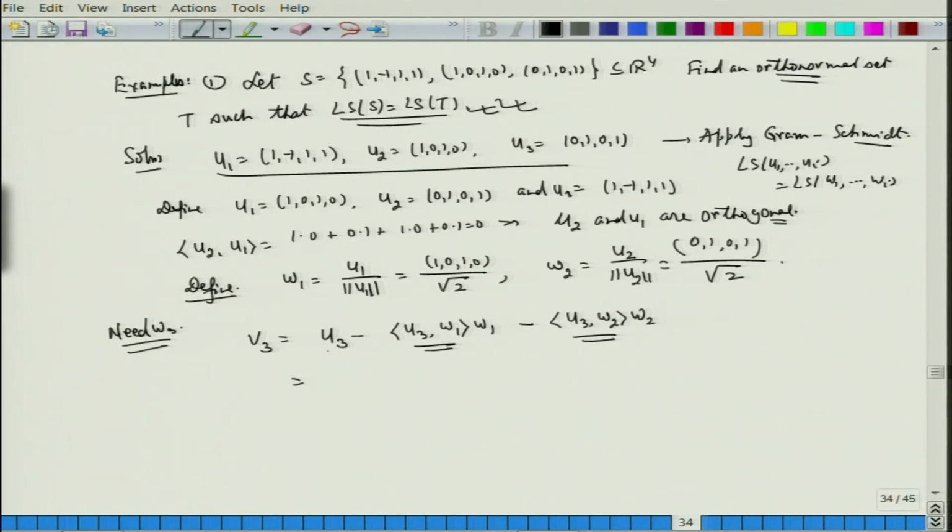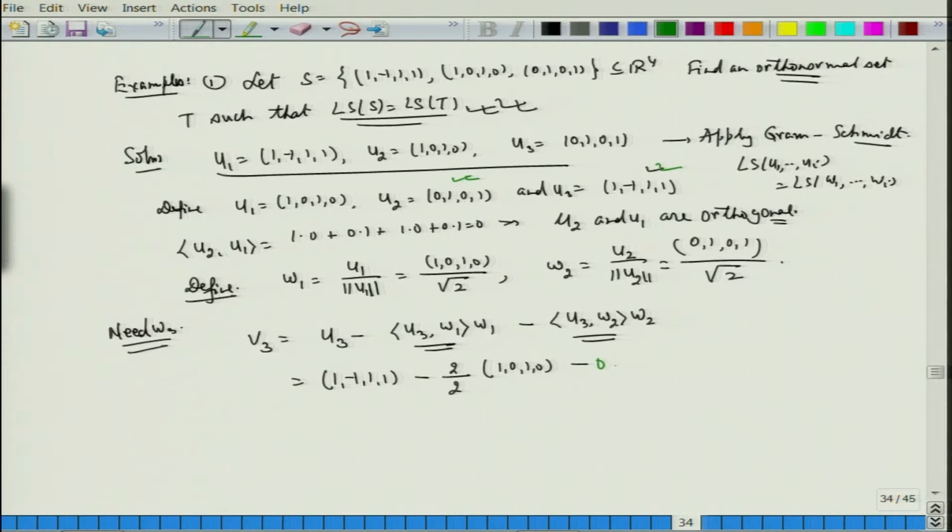Alright. So U3 is given to be 1 minus 1 1 1, minus, you have to take the dot product of U3 with W1, so it is 1 plus 1, so it is 2 I hope. So 2 upon root 2 comes twice, that is 2 here, fine, and it is 1 0 1 0, minus U3 with W2, which is already 0, 1 minus 1 0 1, so it is 0 here also, alright.